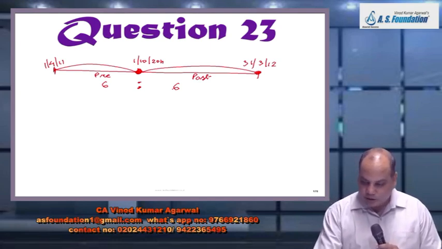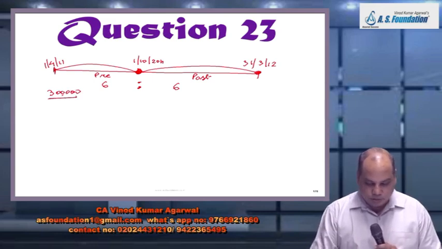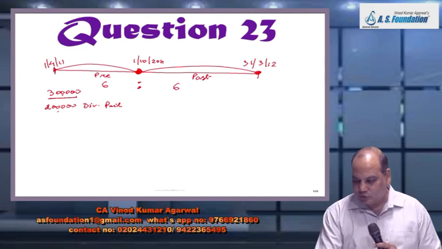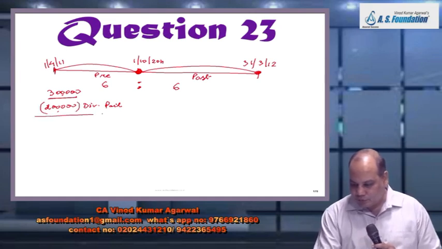So what is the retained earning of this company on 1st April 11? 3 lakh. And out of which a dividend of 10% was paid on 1st November. So out of 3 lakh, dividend of 10% of 20 lakh. How much dividend has been paid? 2 lakh.